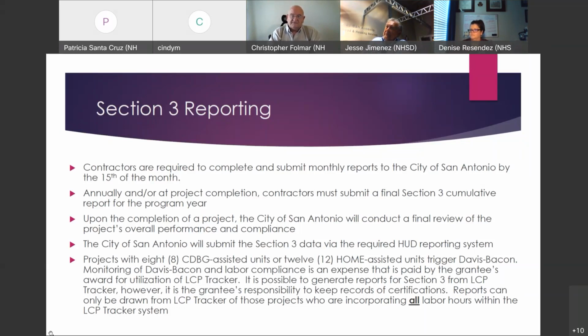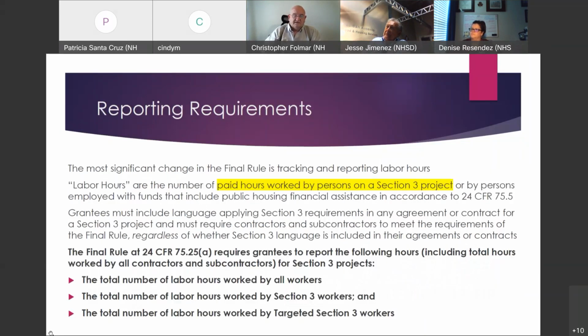Okay, next slide, please. All right, so just like we used to do, these requirements are passed down to all contractors and subcontractors performing work on the project. If Section 3 is applicable to the project, it's required for the entire project, even if part of the work is not receiving any HUD funding.